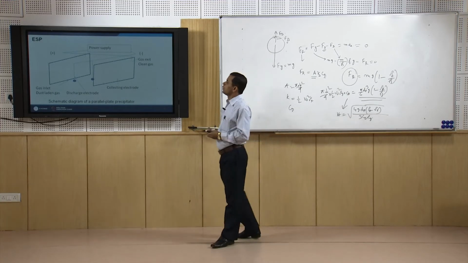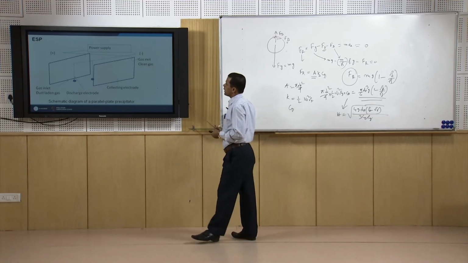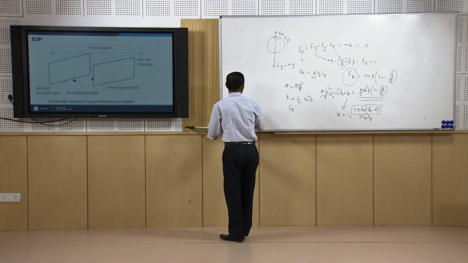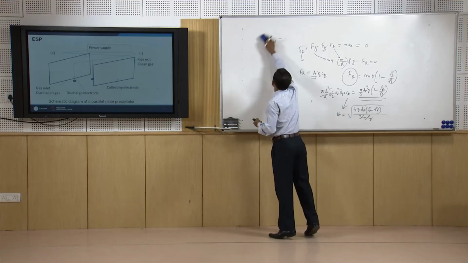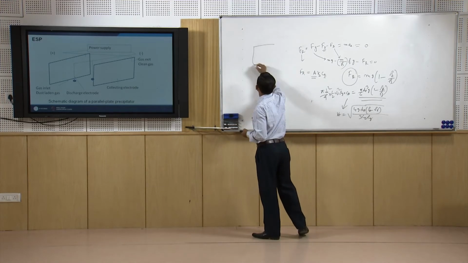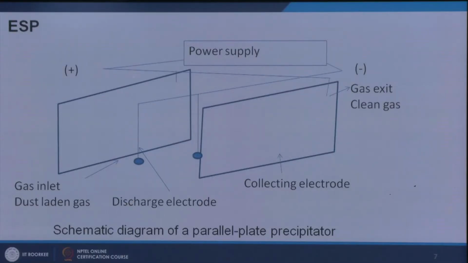Now we come to the electrostatic precipitator. What is the mechanism of separation here? In the gravity settler, we saw that the particle falls and reaches the bottom after a certain time.